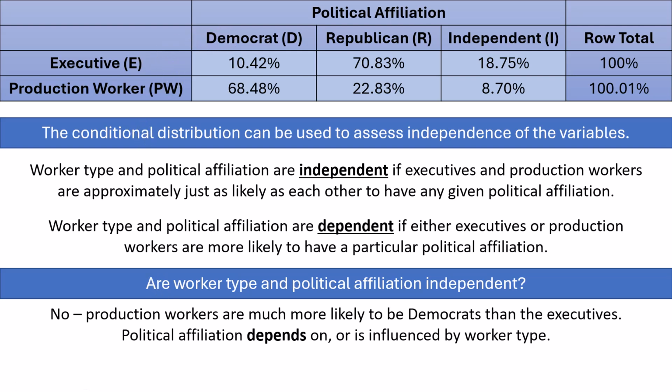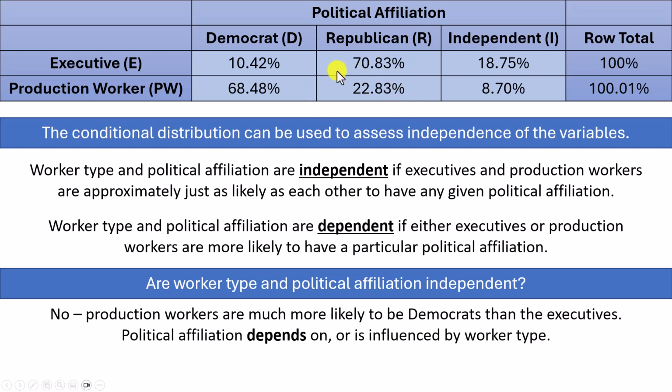Now, usually independence or dependence is assessed across the entire table. So all that really means is we're comparing how close together each value is in each column. So how close is 10.42 to 68.48? Well, those are quite a bit different. The production workers are a lot more likely to be Democrats, so that's lending some weight towards dependence. Same thing with the Republicans.